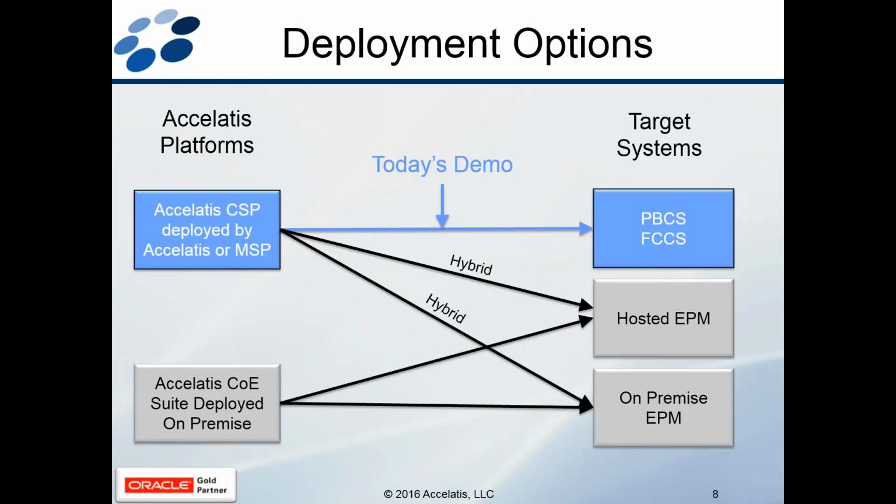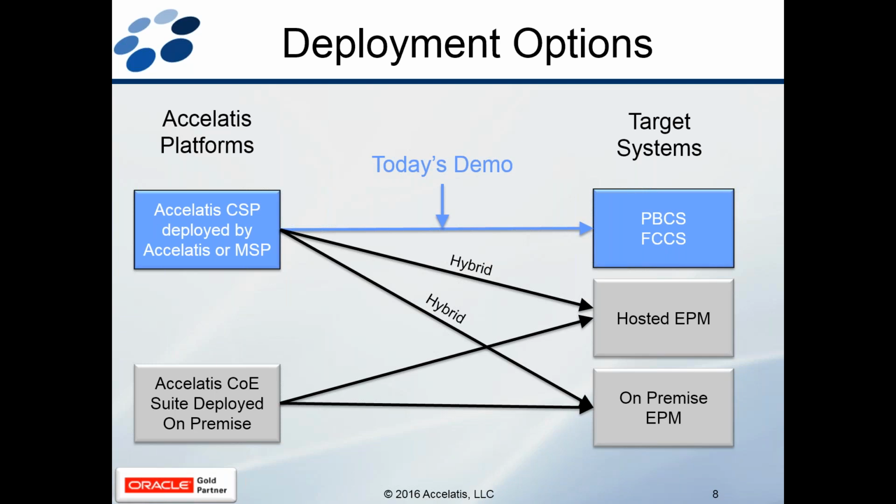Because we have the different options as far as the cloud and the on-premise, you end up with a whole bunch of options for your deployment, and this slide just sort of lays out the types of things that we can do. So for today's demo, what I'm going to be showing you is the Exceltis Cloud solution as it hits a PBCS or an Oracle Cloud solution.